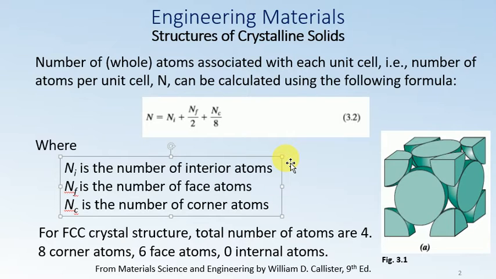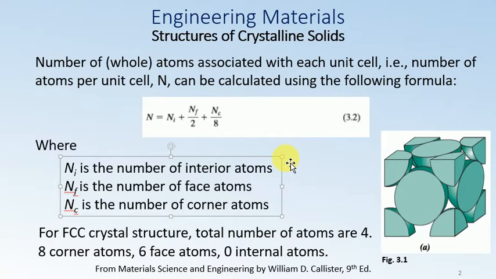We have a total of 6 faces: 3 you can see, and 3 from the back, the left, and the bottom. Each face contains half of an atom, so 6 faces make a total of 3 atoms.